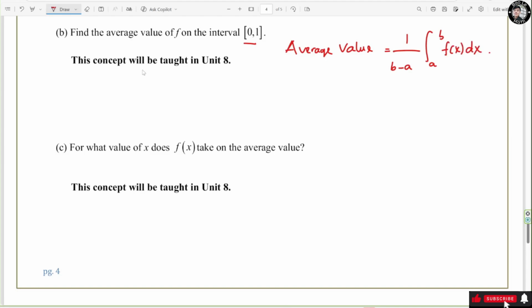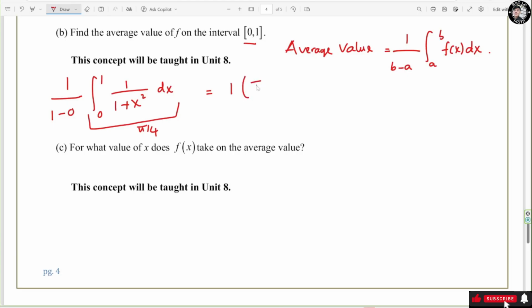So we substitute over there, we have 1 over 1 minus 0, the integral from 0 to 1 of 1 over 1 plus s squared ds. Now this guy right here we calculated above is actually pi over 4, right? So it's going to be 1 times pi over 4. It's going to be pi over 4, right?